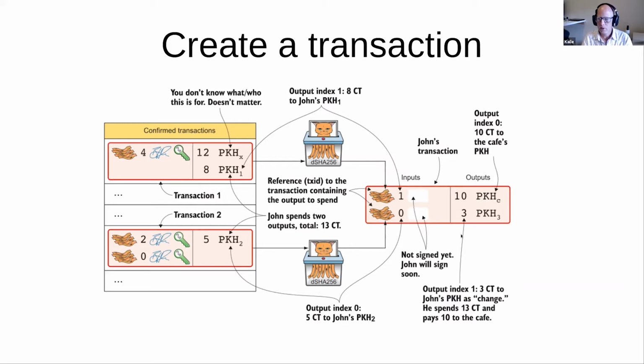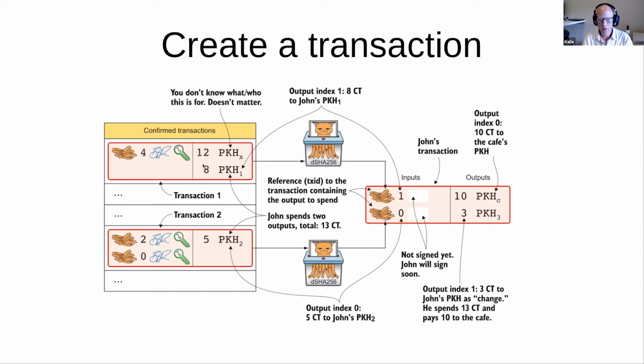And then we can look at the outputs. This transaction has 2 outputs. The first one is 10 cookie tokens to the public key hash of the cafe. So John is buying a cookie here, and he needs to send 10 cookie tokens to the cafe, and this is the output for that payment. And then we have another output here, which seems odd, but if we look at the inputs, we are consuming a total of 13 cookie tokens.